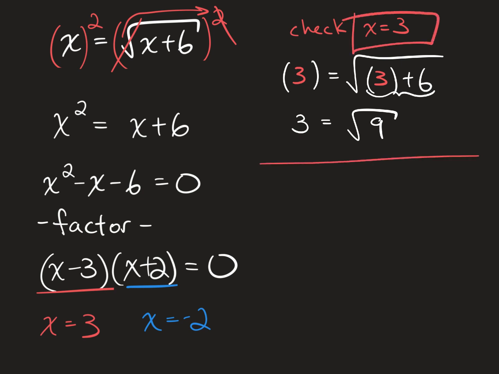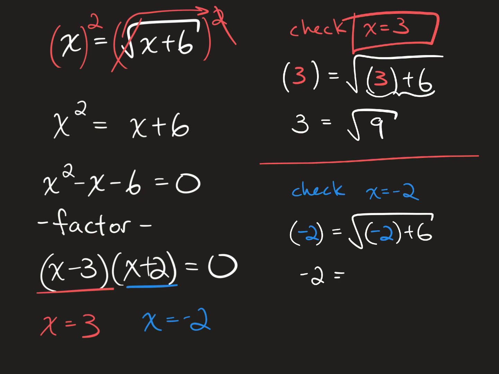All right, let's take a look at the next one. We have to check x equaling -2. So you can substitute -2 in for x, plus 6, there we go. And so on the left side, you're going to end up with a -2.